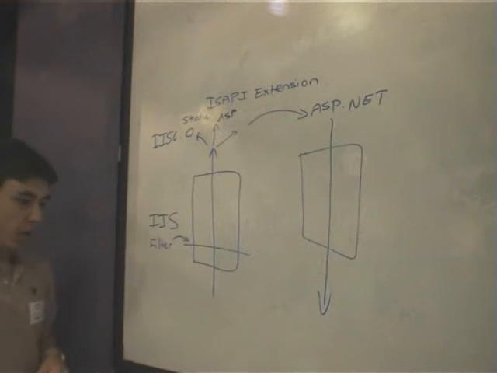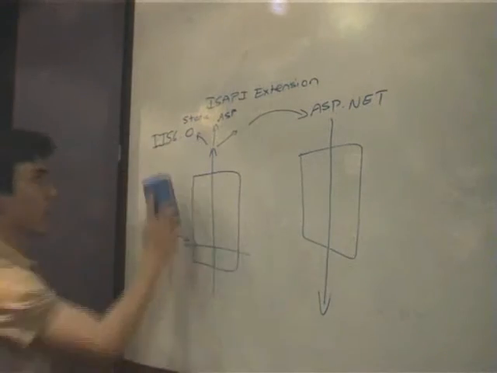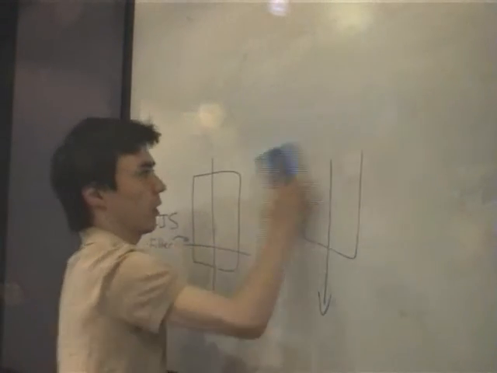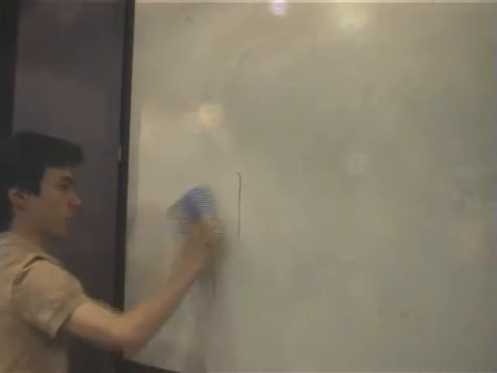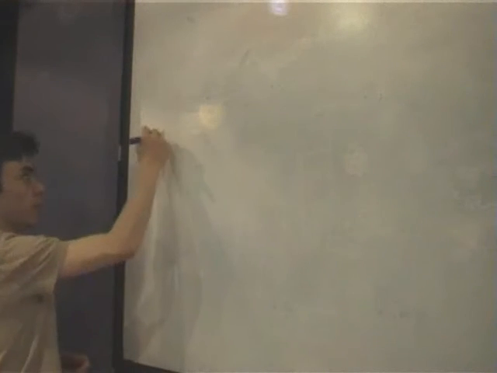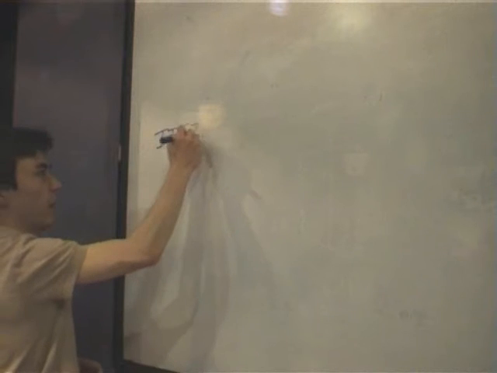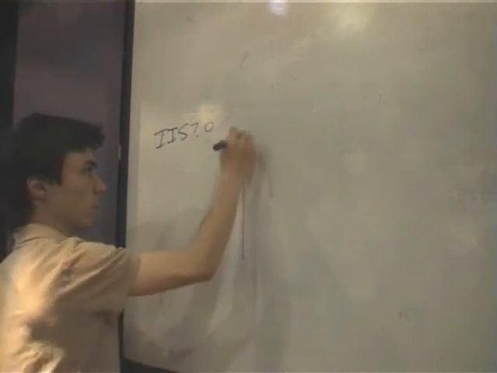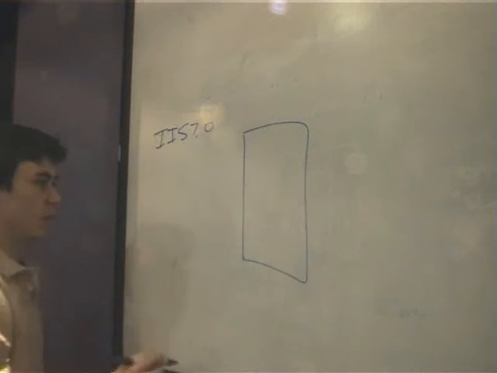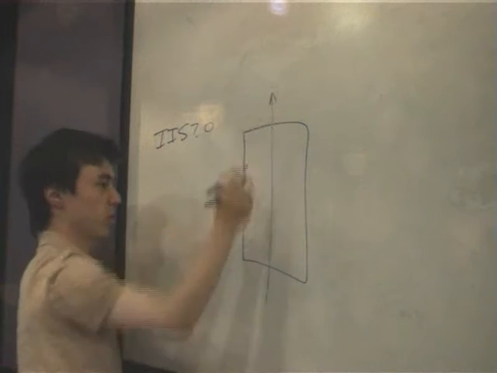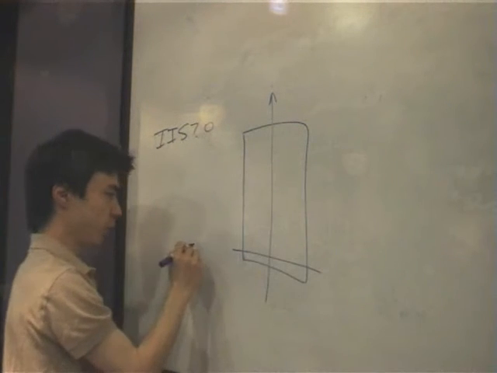Okay. With IIS7, this is one of the additional things. With IIS7, we only have one pipeline now. And the request comes in through this pipeline, so we still have our filters here, our legacy filters.